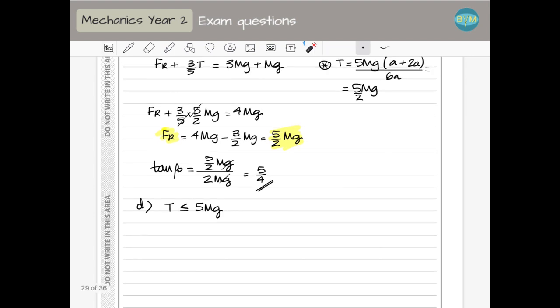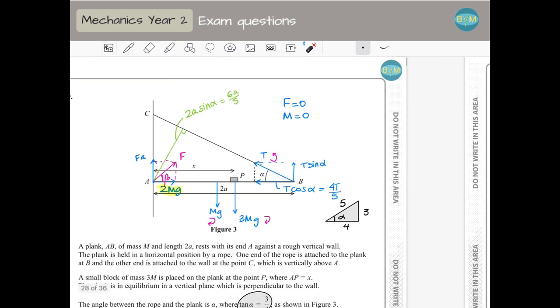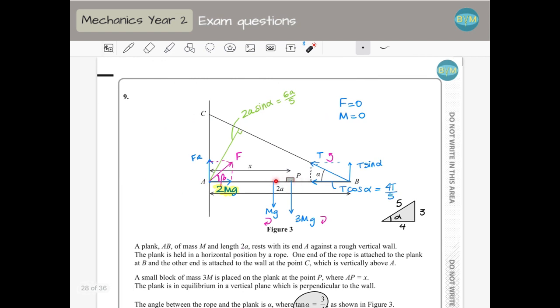I have an expression for the tension, which is this one. And I'm not going to use this one because this is for a particular value of x, while now I can move this one right or left, and they're asking me what is the farthest that it can go without breaking it. So I need to leave it in terms of x.